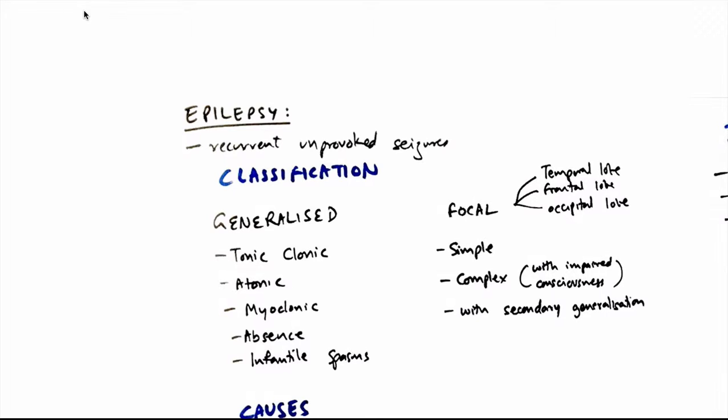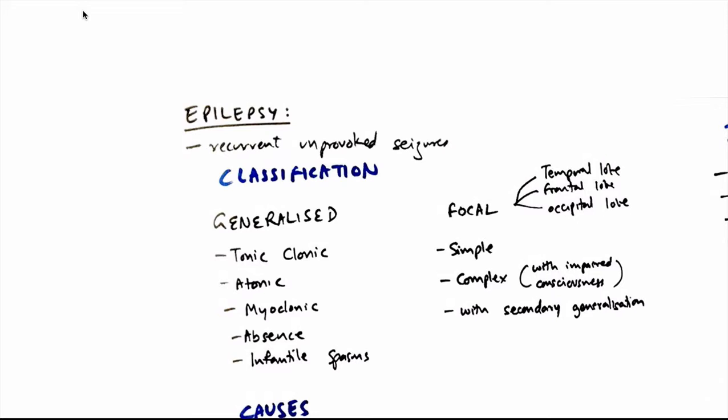There are many different types of seizures, but epilepsy is broadly classified into generalized and focal types of epilepsies. Generalized forms of epilepsies have electrical disturbance starting at all parts of the brain together.